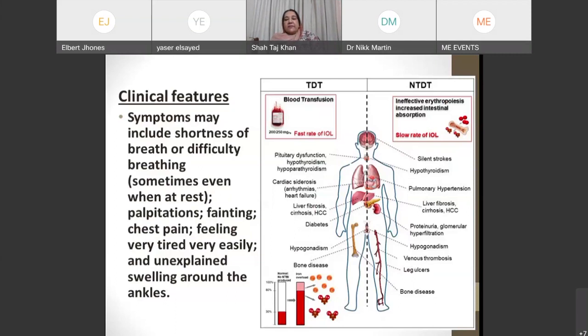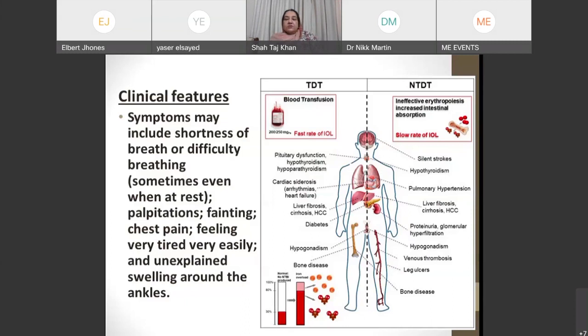Again, this is a diagrammatic presentation showing transfusion-dependent thalassemics and non-transfusion dependent thalassemics. In transfusion-dependent thalassemics, we see cardiac siderosis, which is very common, and that leads to arrhythmias and heart failure, along with all other complications of the body.